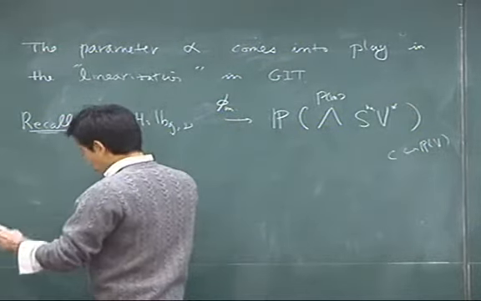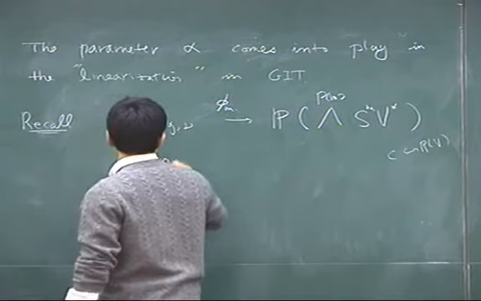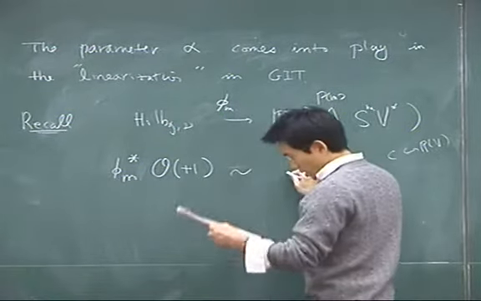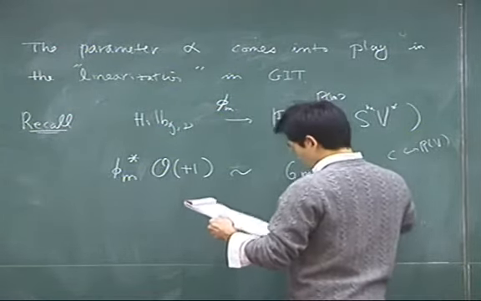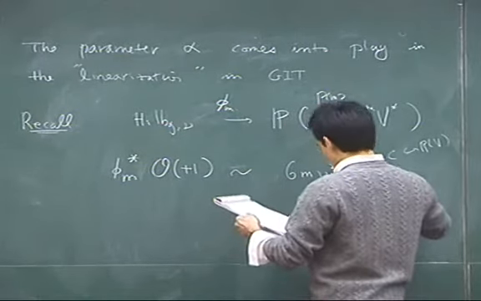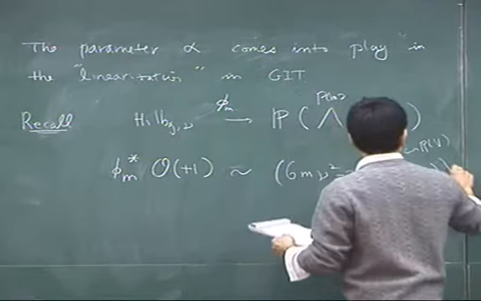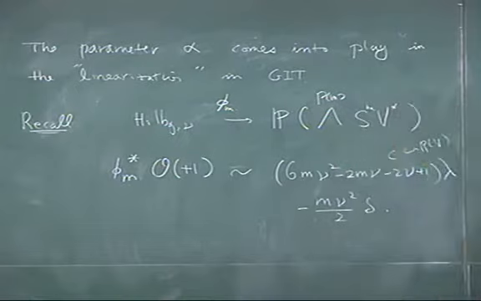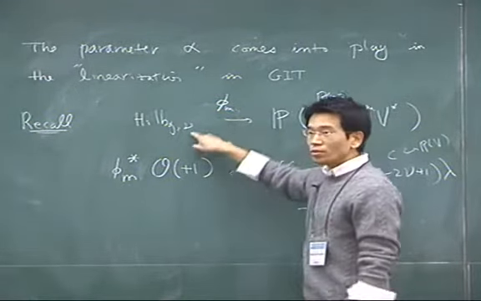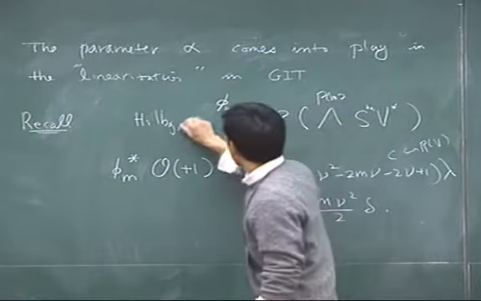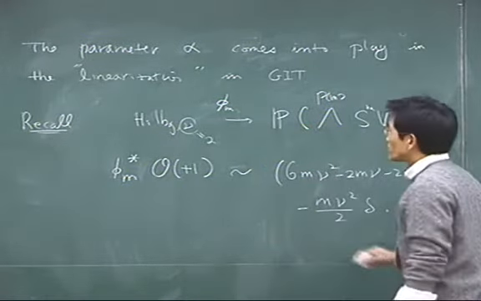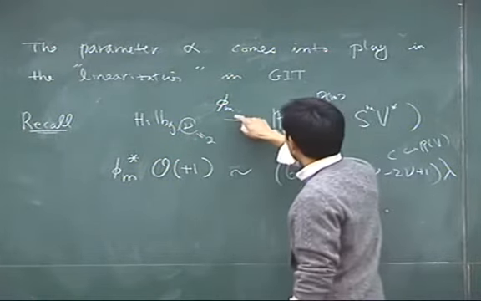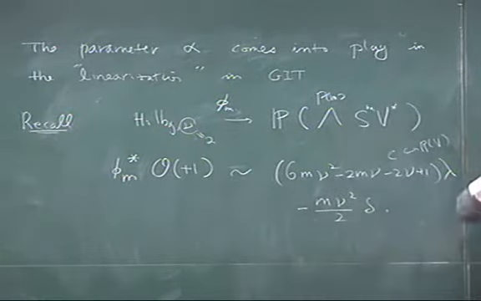Then phi of V_m upper star, you pull back the O(1), then this is proportional to (6m nu squared minus 2m nu minus 2 nu plus 1) lambda minus (m nu squared over 2) delta. Okay, so you've got this parameter m and nu, and I'm going to fix nu as 2. If I put 2 in here, then I'm going to get a family of linearizations parameterized by m.